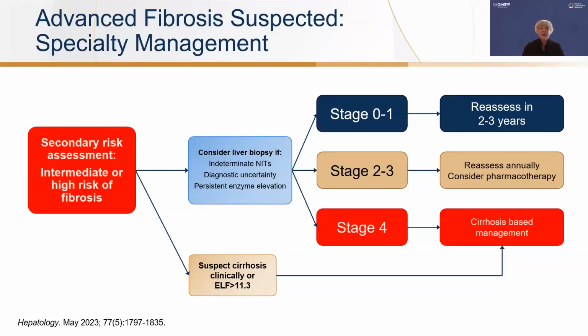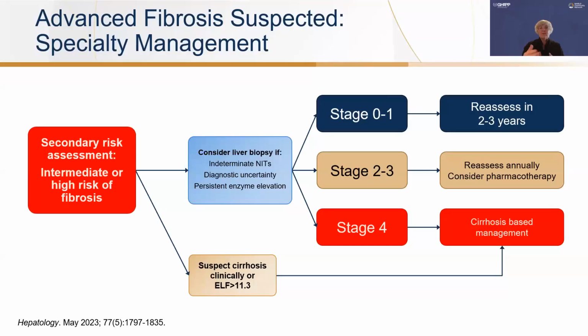There are some really great choices that have come out more recently that make that available to us for patients that we find have F2 or F3. When we look at F4, we're looking at cirrhosis-based management every 6 months with imaging and laboratory work, possibly evaluating for HCC.